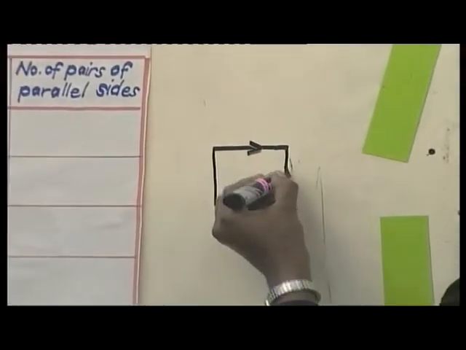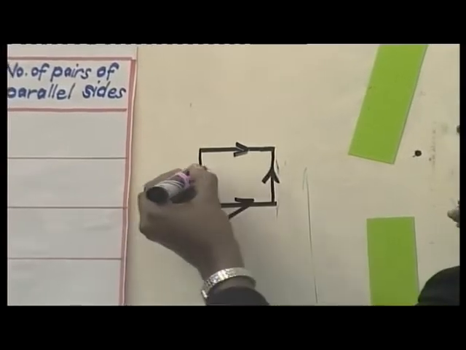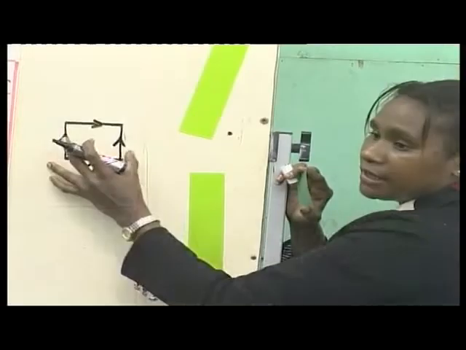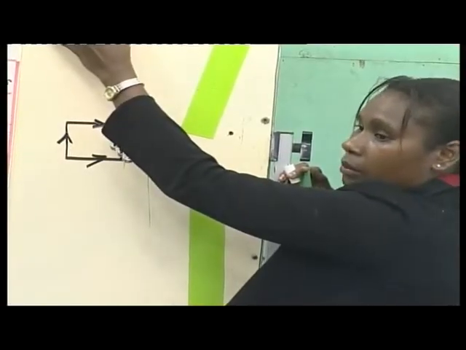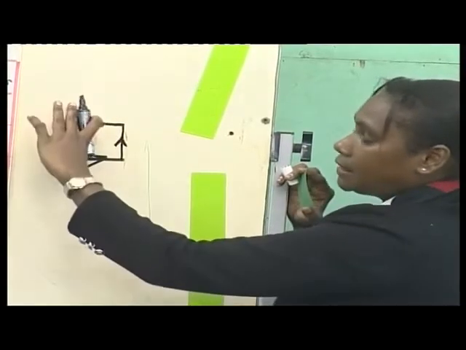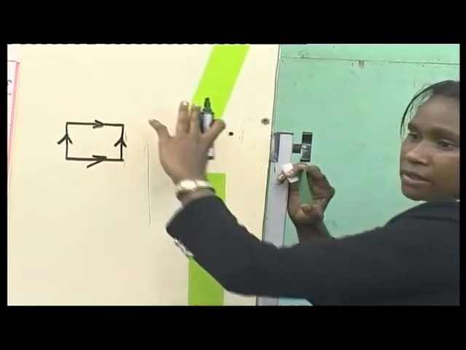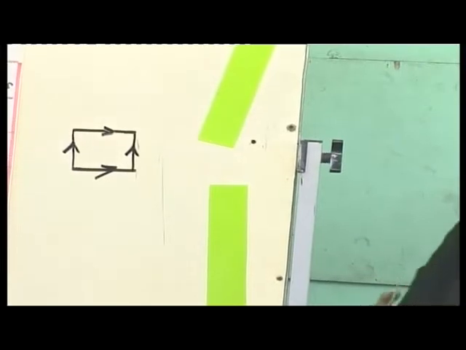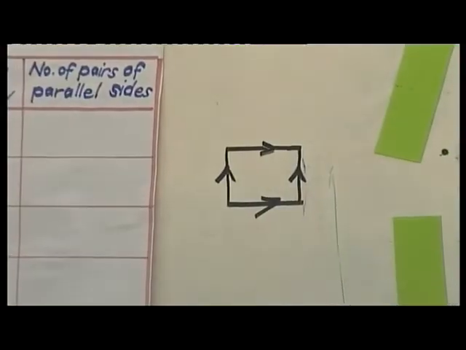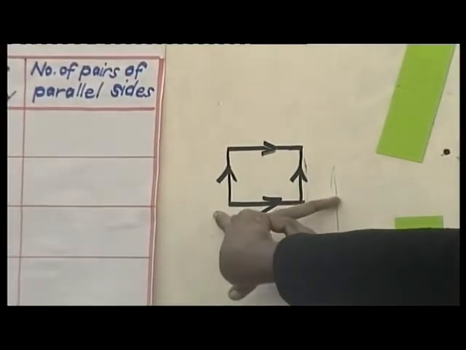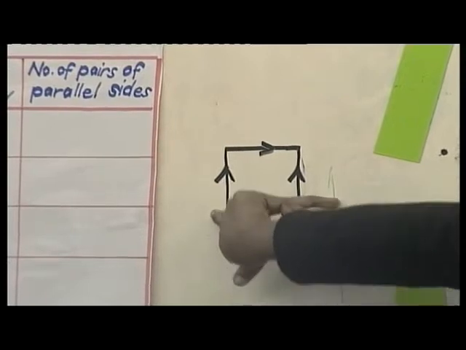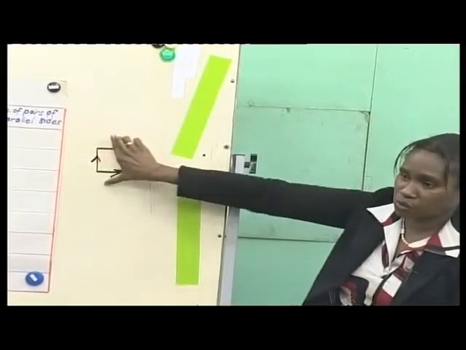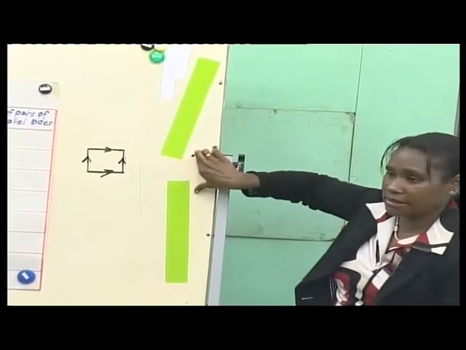And we have another two lines going up this way. So this is another pair of parallel lines, and this one here. So this is what we mean by parallel sides. These two sides, they are parallel, or they run alongside each other. They will not meet at the end.